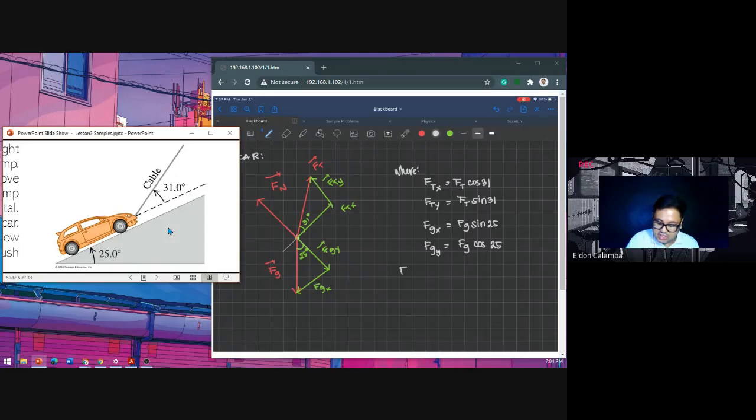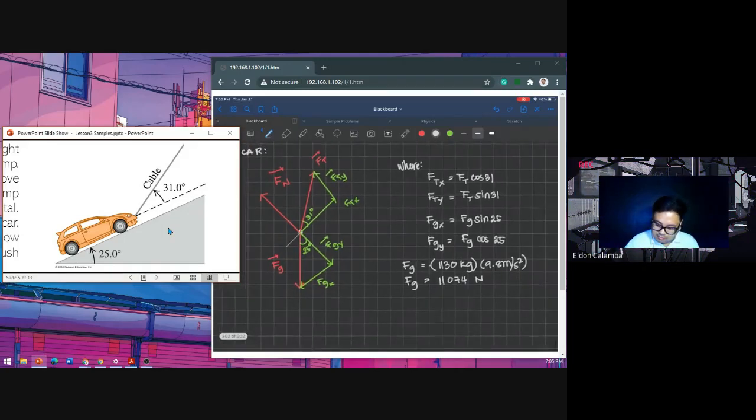So FG is equal to the mass of the car, 1,130 kilograms, times 9.8 meters per second squared. So FG is 11,074 newtons.